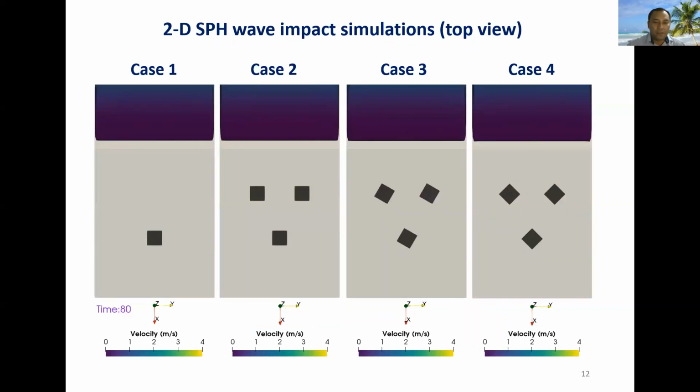The effect of structures layout and orientation on inundation flow can be seen from this 2D simulation.